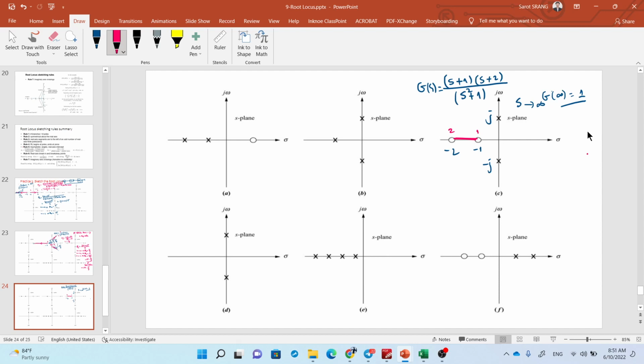And then let's think about it, because we have two poles and two zeros. And rule number 4 says that branches begin at poles and end at zeros. So this pole must end at one zero, and this pole must end at another zero. Okay. So let's say I think this one may go to this one, and this one may go to this one. Just try this way and check with other rules whether it validates or violates.